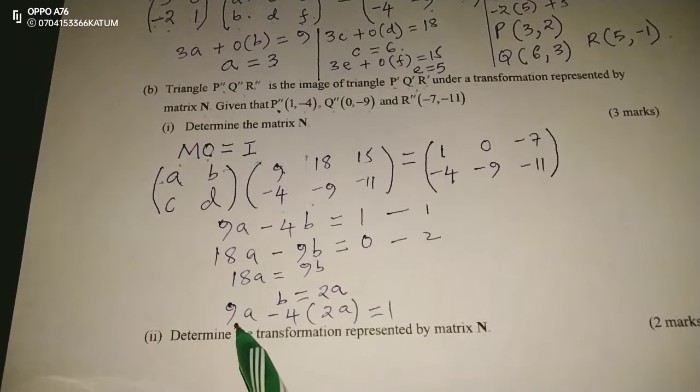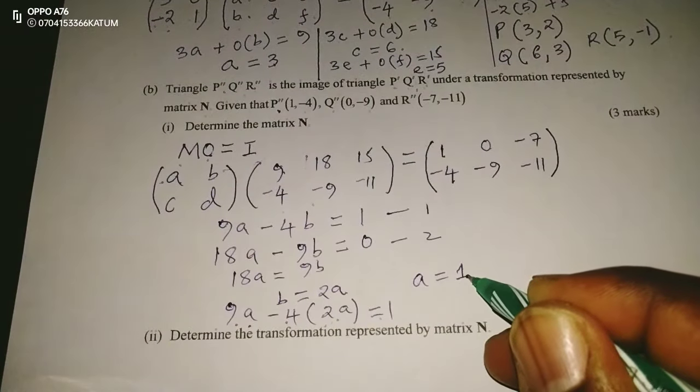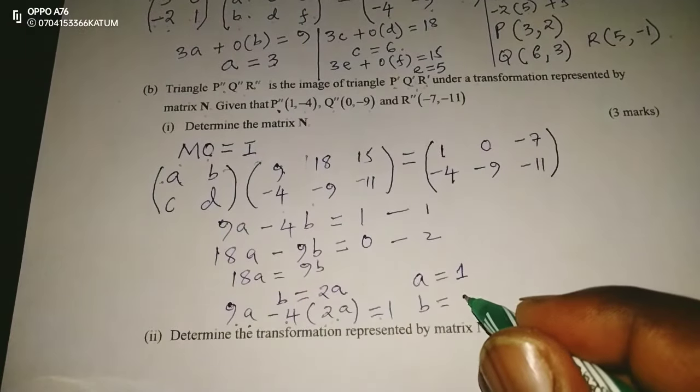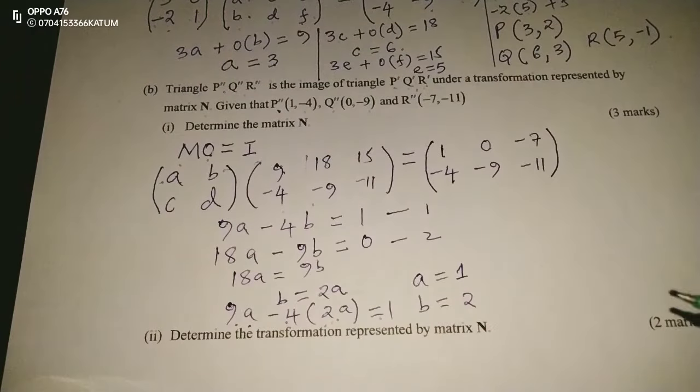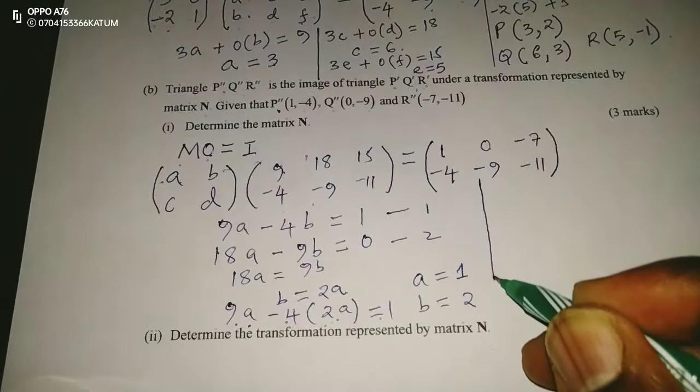This means 9a minus 8a equals 1. That means the value of a, because 9 minus 8 is 1, equals 1. This again means that b equals twice a, so 2 times 1, giving us the value of b as 2.